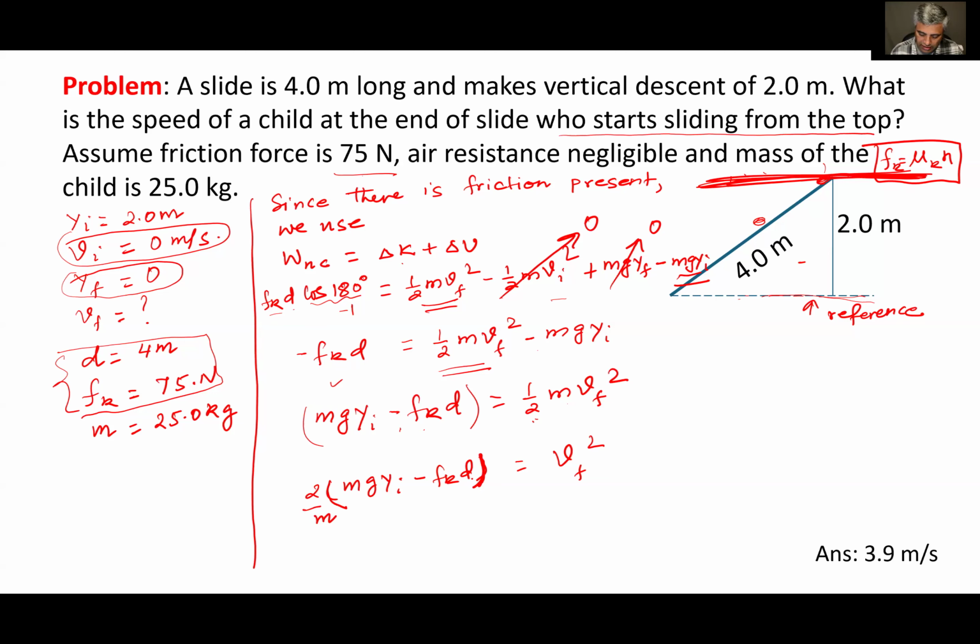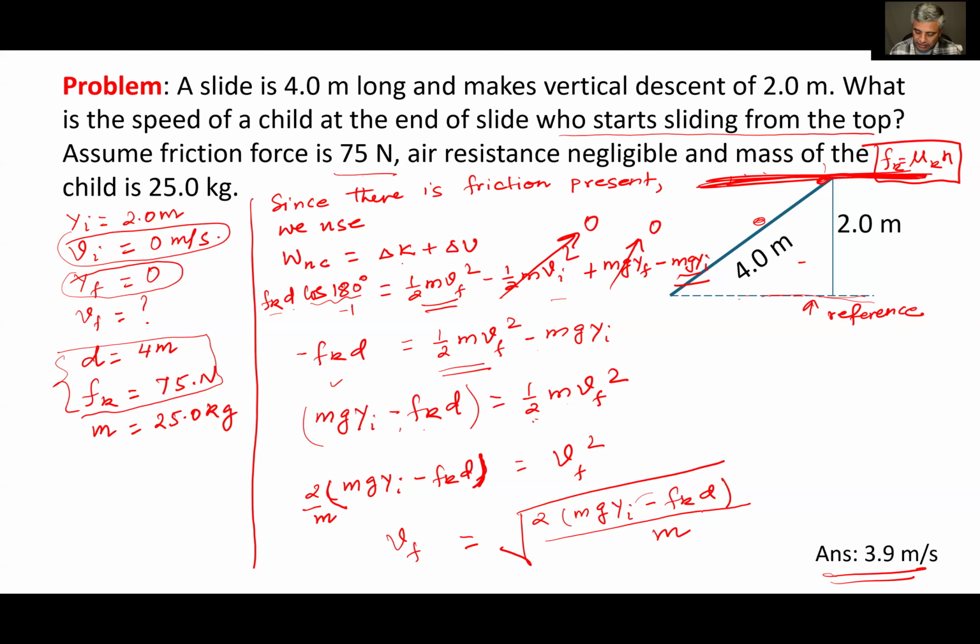That means it's dividing everything. So v_f is just under the square root. I'm just switching the side of everything. That is the same as also writing it like this, just in case. Same thing. So that should give us this answer here.